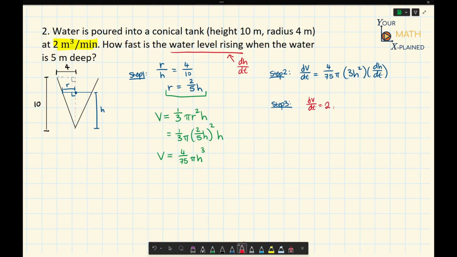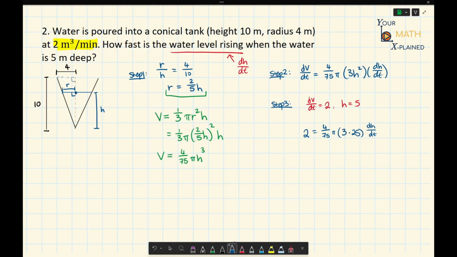And then the other value that we know is that at this particular moment in time, when we're trying to figure out how quickly the water level is rising, the water is 5 meters deep. So that means h is equal to 5. So substituting both of these values in, we get 2 is equal to 4 over 75 pi times 3 times 5 squared, which is 25, times dh/dt.